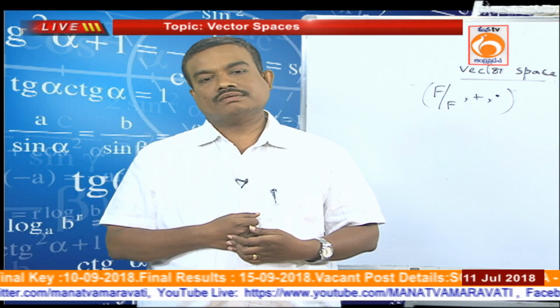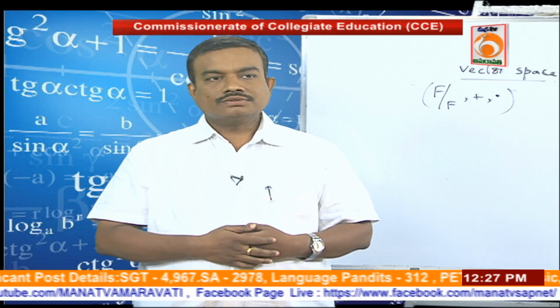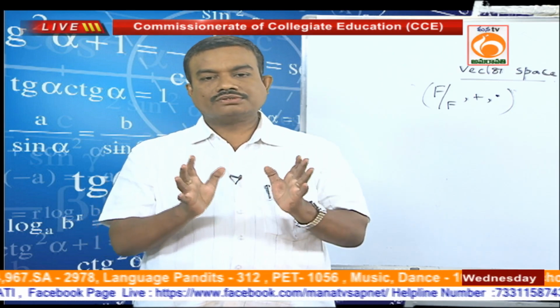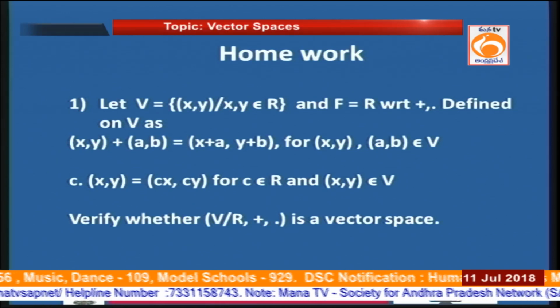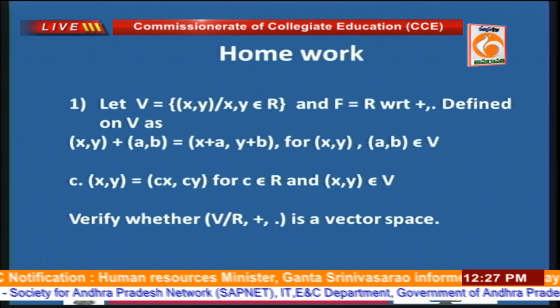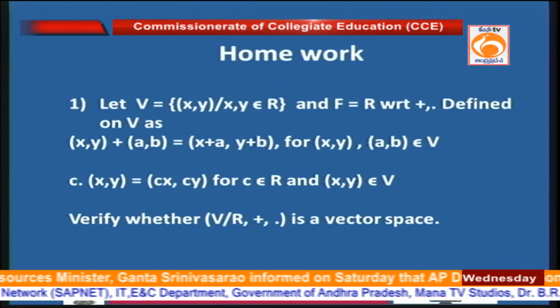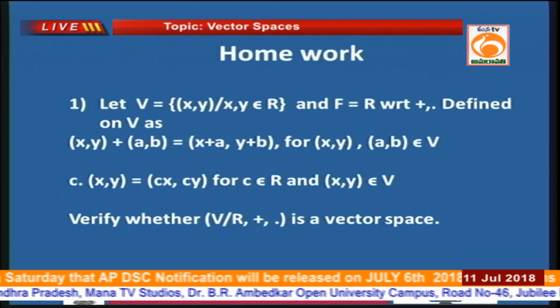So, for the time being I am giving these problems as homework for you. Let me explain. The total setup has to be like this. You have to be given V, you have to be given F, and what is addition, what is scalar multiplication. So, these 4 aspects have to be covered, then you must be asked whether it is a vector space, prove that it is a vector space or verify whatever it is.